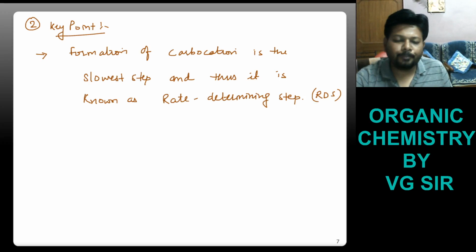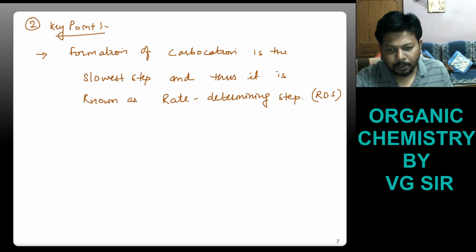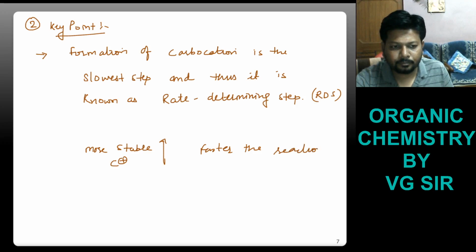So if you are comparing two molecules, which one will go faster in pinacol pinacolone rearrangement, then you have to check which one is generating the more stable carbocation. The molecule which generates the more stable carbocation will also react faster, that is, the more stable the carbocation, the faster the reaction. Is that clear?